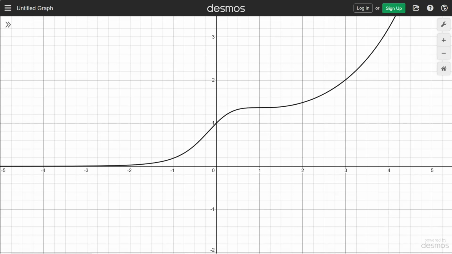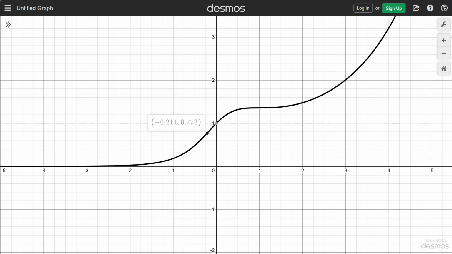And then remember, 1 is an inflection point. That's right there, where it's changing from concave down to concave up. So it starts off concave up, then down, then up. So there's the one inflection point. I would say the other inflection point is probably somewhere right around here. So the question is, exactly where is that?